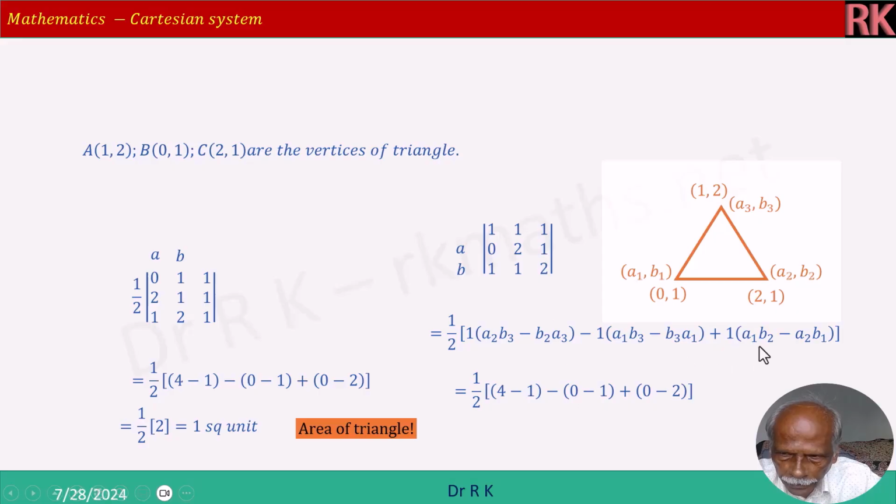Similarly here A1 B2 minus A2 B1 is 0 minus 2. So add, you will get the same 1 square unit.